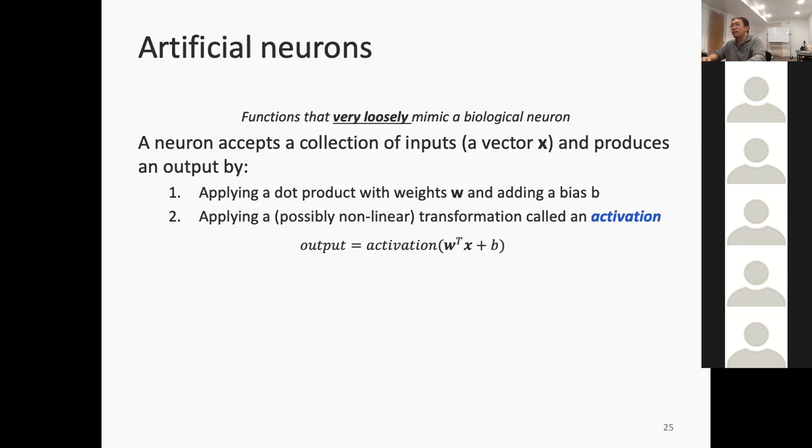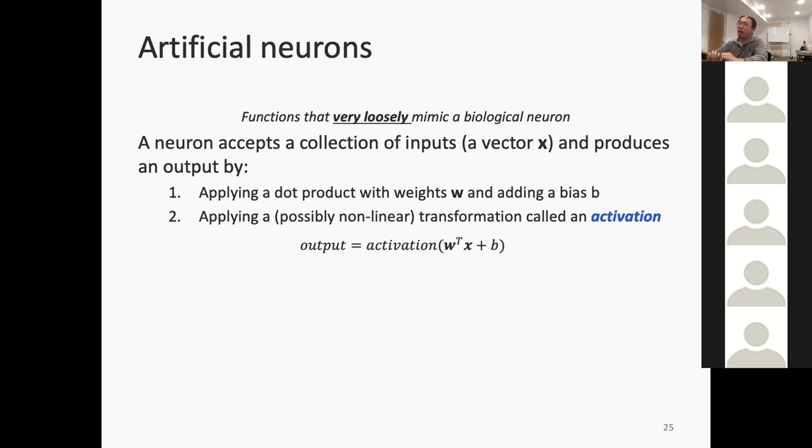And then how is an artificial neuron defined, right? You can view it as a specific type of function that very loosely mimics a biological neuron. The input of an artificial neuron is a collection of inputs, so you can view it as an input vector x.